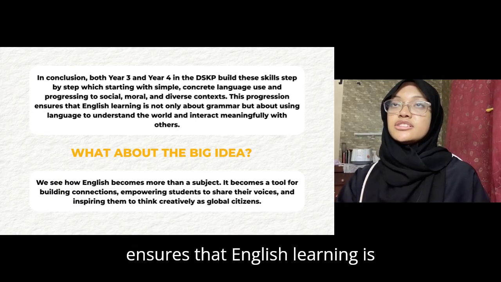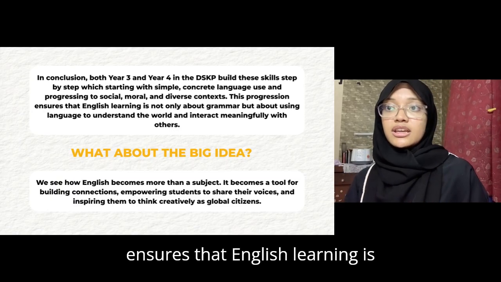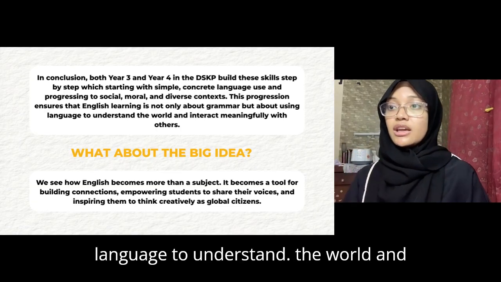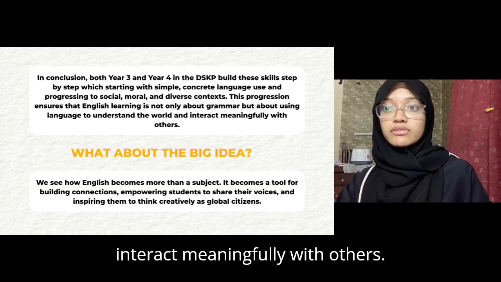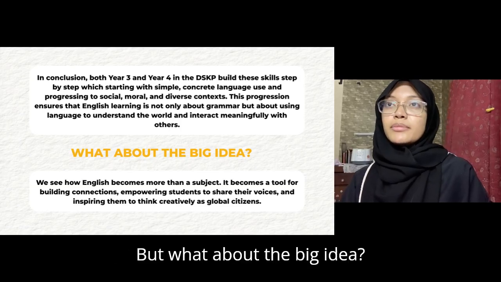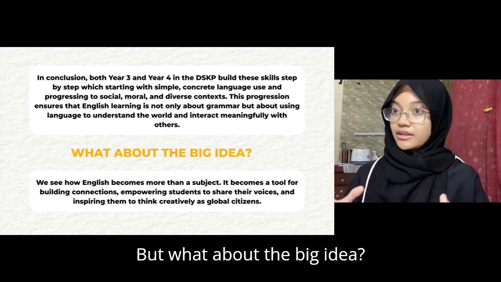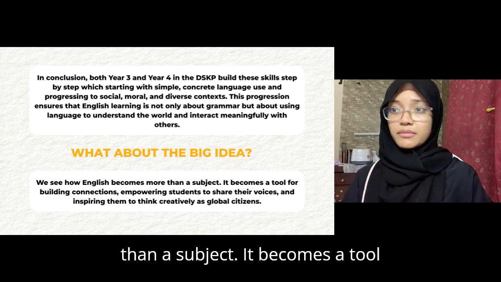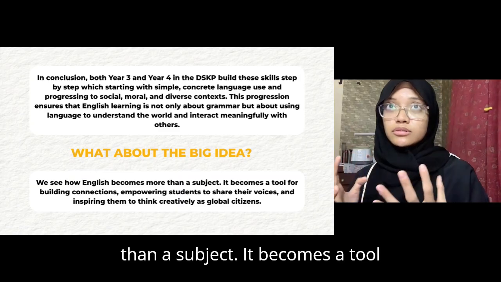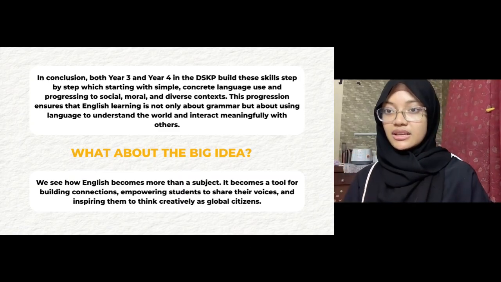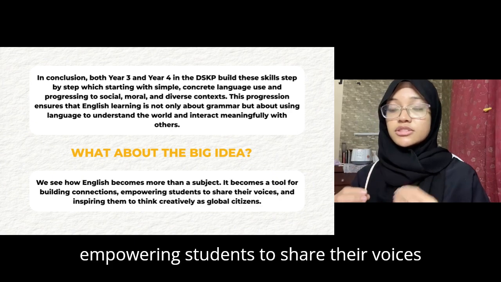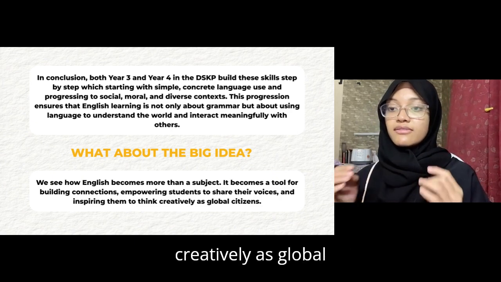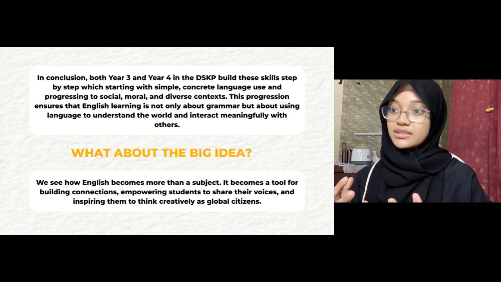This progression ensures that English learning is not only about grammar, but about using language to understand the world and interact meaningfully with others. But what about the big idea? We see how English becomes more than a subject. It becomes a tool for building connections, empowering students to share their voices and inspiring them to think creatively as global citizens.